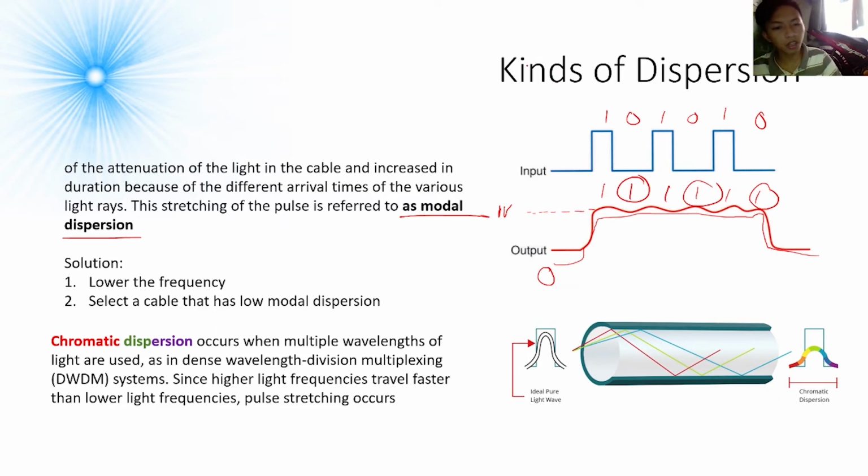So this is because of the colors. That's why it's called chromatic. Okay, so of course, you know, there are different frequency between the blue, the light green, yellow green, and the red, which produces this kind of dispersion.